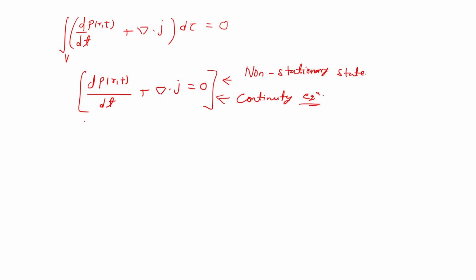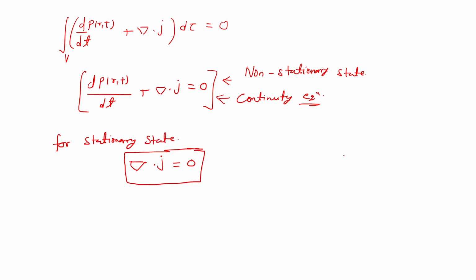So what is the condition for a stationary state from this? This state will become stationary if either of these two terms becomes 0. So del dot J should be 0. Okay, this will be the condition for a stationary state.